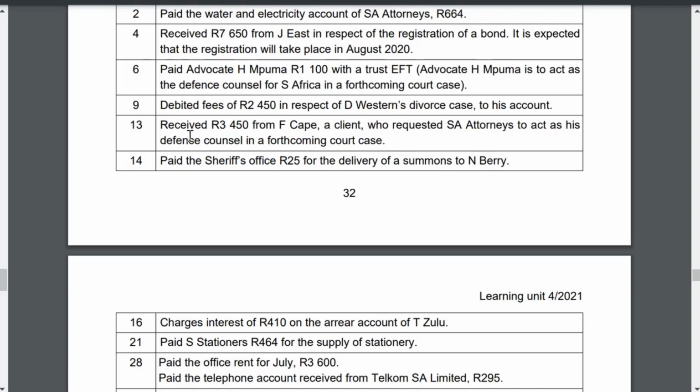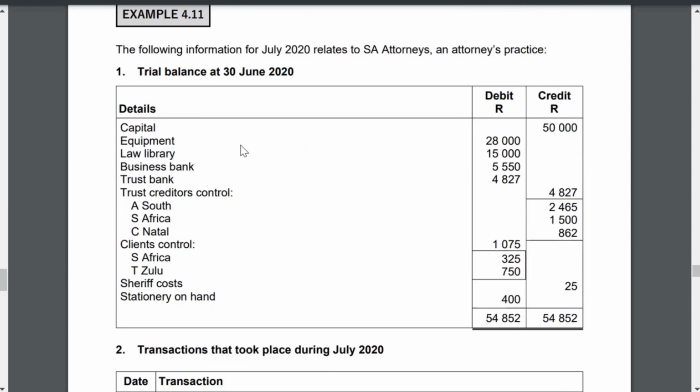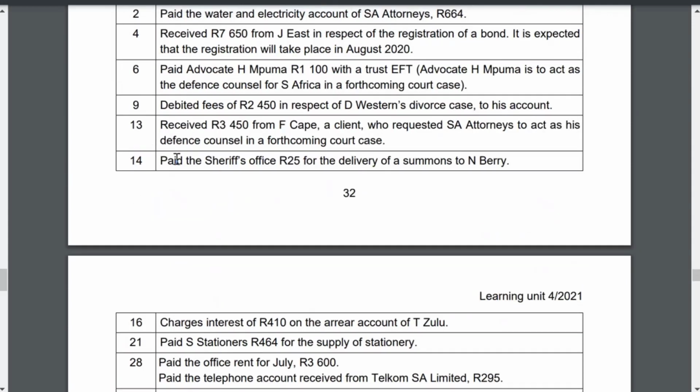So this is SA attorneys making a payment to the sheriff's office on behalf of the instructing attorney.